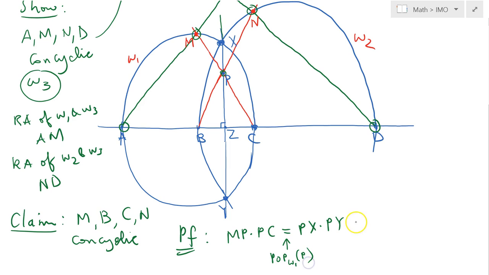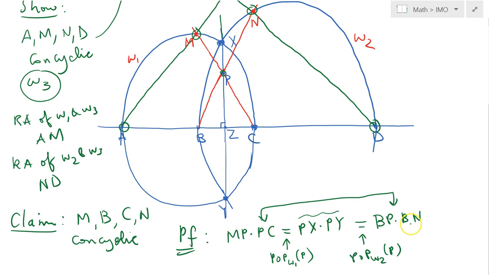PX times PY is also the power of point P with respect to omega 2, and it can be written alternatively as BP times PN. So this one comes from the power of a point applied to circle omega 2 evaluated at point P.